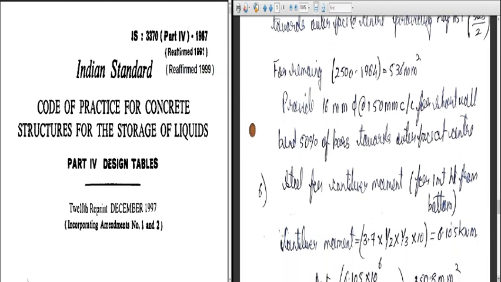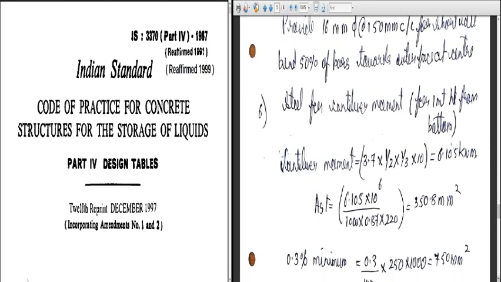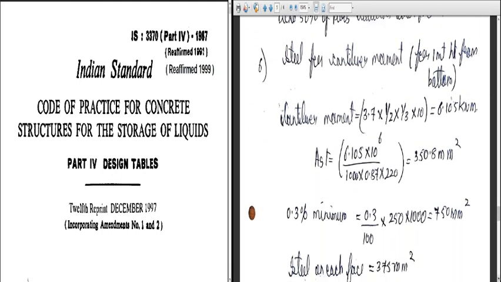Now steel for cantilever moment for 1 meter height from bottom. So cantilever moment 3.7 height into half of one third of n, that is density. So 6.105 kilonewton meter. So AST is equal to moment divided by 0.87 fy into D. So 6.10 into 10 to 6 divided by 0.87 into 220 into 1000, which is working out to be 350.8 mm square.